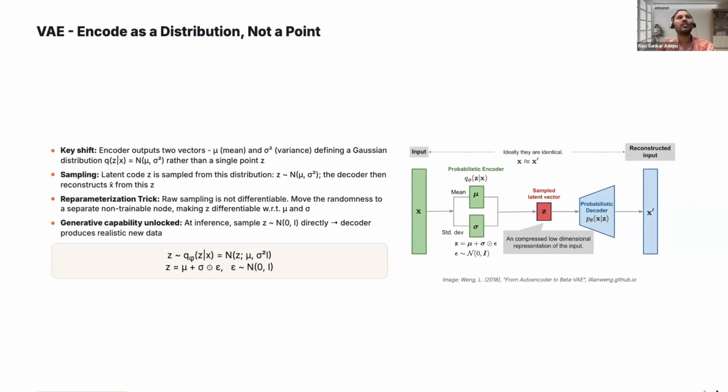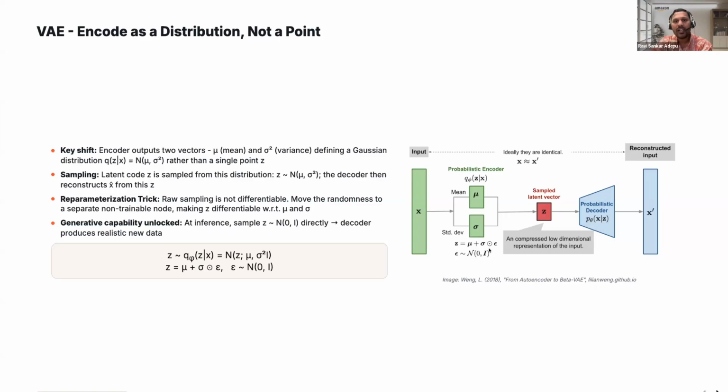So this is the variational autoencoder, where we encode as a distribution, not as a data point. Here is the key mechanism. Instead of mapping an input to one vector, the VAE encoder outputs two vectors, a mean vector and a variance vector.